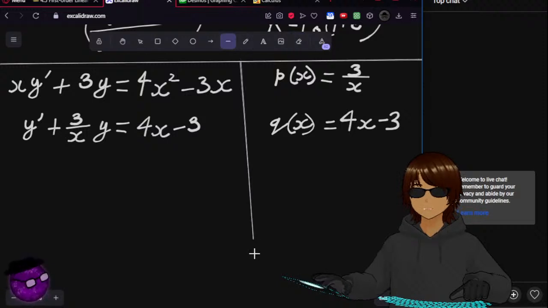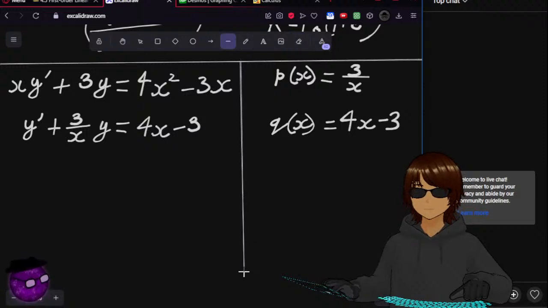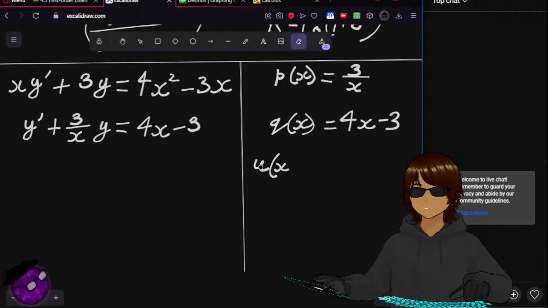Then that means, yeah, let's find the integral first.